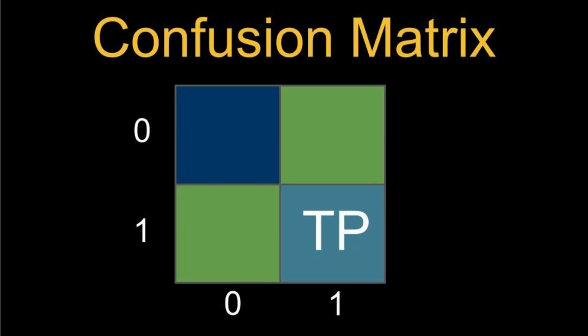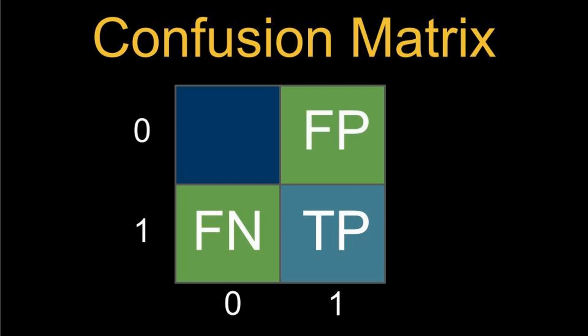So the intersection of two ones gives us true positive results, meaning we predicted that the passenger would survive, and they survived. The intersection of 0 and 1, the lower left quadrant, gives us false negative results, and means that we predicted that the passenger would not survive, but they actually managed.